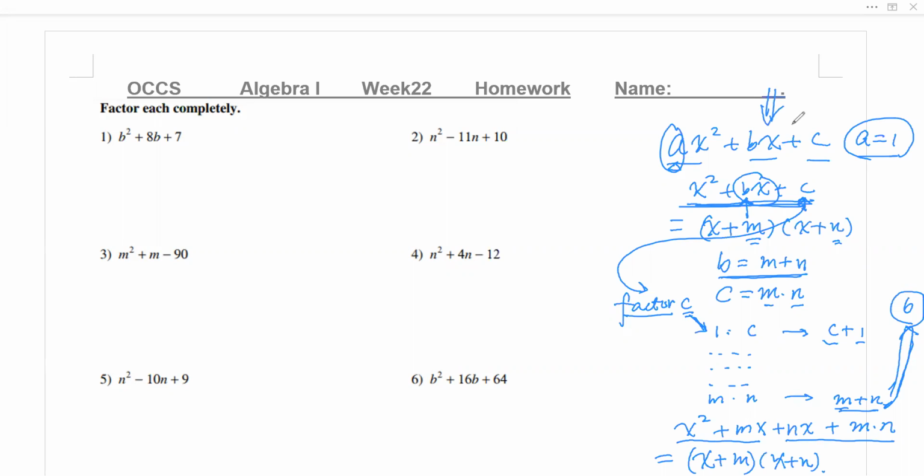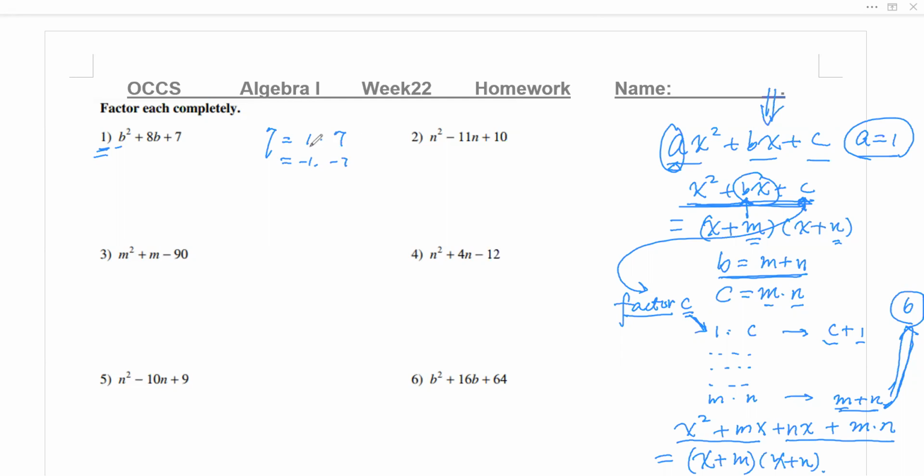So let's see the homework part. See homework one first. First one, b squared plus 8b plus 7. This is a pretty easy one, right? 7 can only be factored into 1 times 7, or -1 times -7.